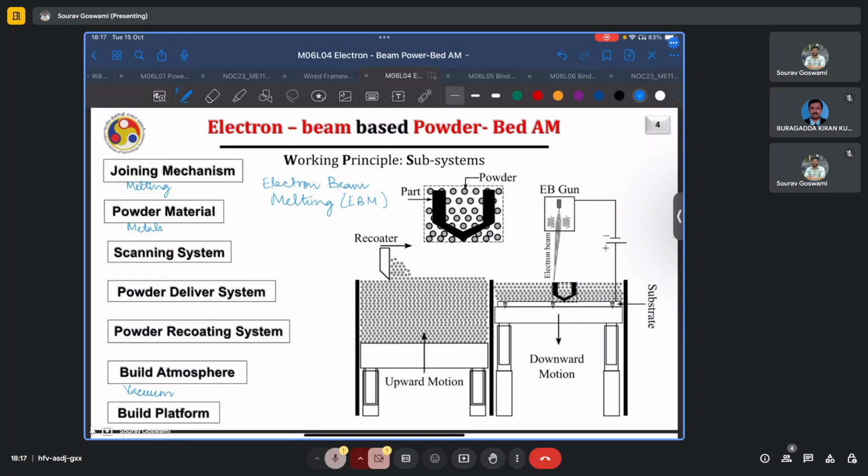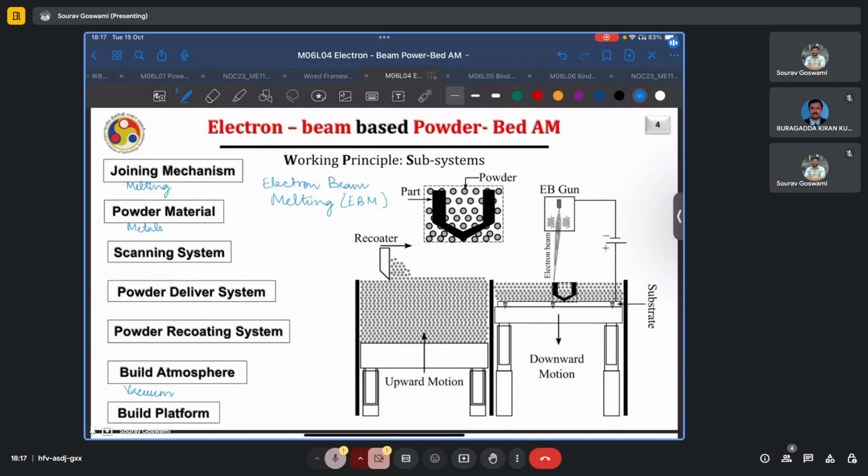Now, if the path of this electron beam was to be interrupted with something like other heavier molecules, such as those of inert gases or even just air, there is a chance that these electrons, being very light, will simply collide with these other heavier molecules, and they might get scattered away rather than interacting with the metal powders as intended over those small beam spot sizes.